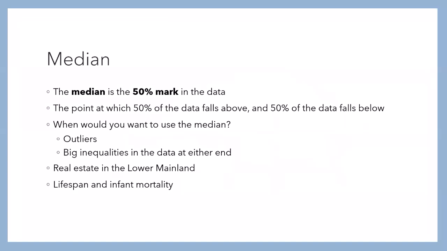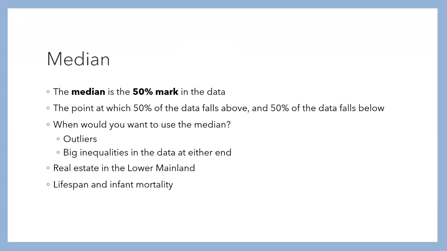So next we have the median, which is the 50% mark in the data. This is a single point at which 50% of the data falls above and 50% of the data falls below. Why would you choose to use a median instead of a mean? The main reason, as you can probably guess, is outliers, and if there are big inequalities in the data at either end of the spectrum of possible scores.